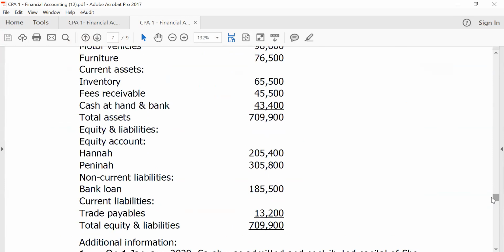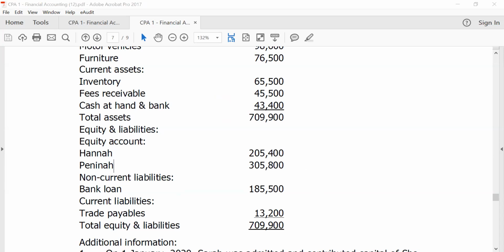Like I said, with the fluctuating capital method, even here under equity we shall only have the capital accounts, not a current account. So these are the capital contributions for Penina and Hannah as per the balance sheet, and those are going to be our balances brought down.